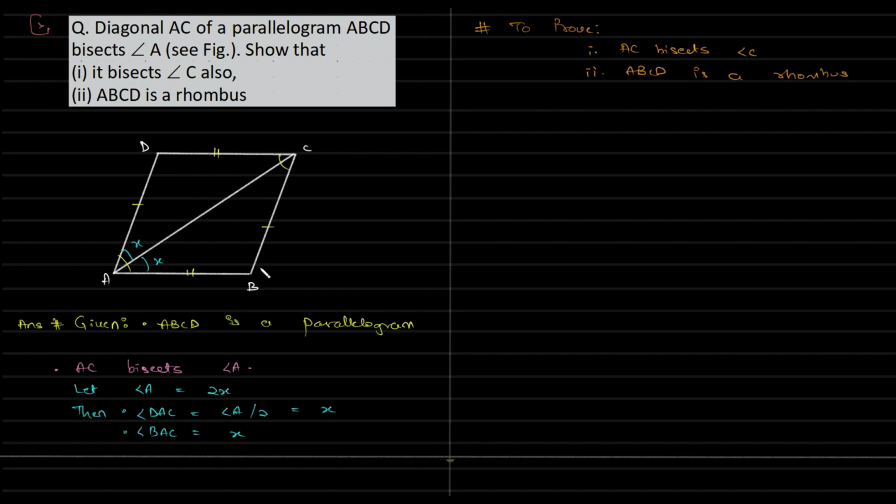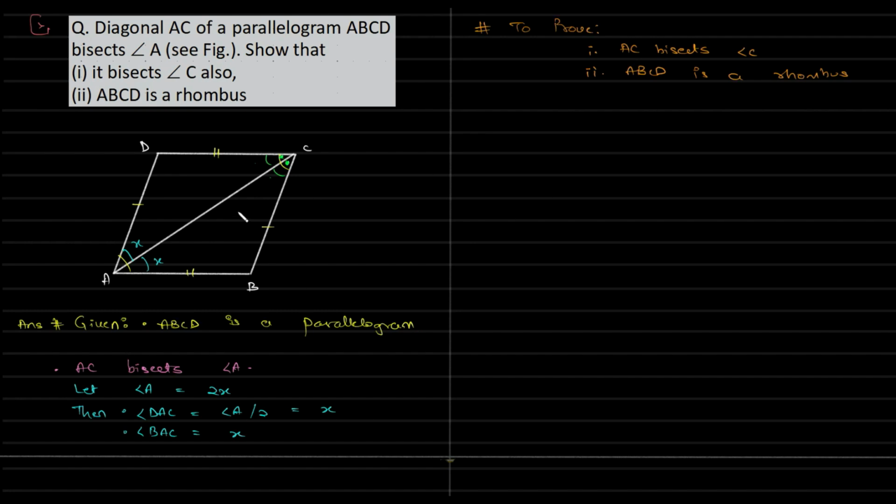And how do you prove an angle gets bisected? We just have to prove that these two angles are equal to x again, is it not? Because this obviously will be 2x, as they're part of a parallelogram. So we have to prove that these two angles are equal to x.